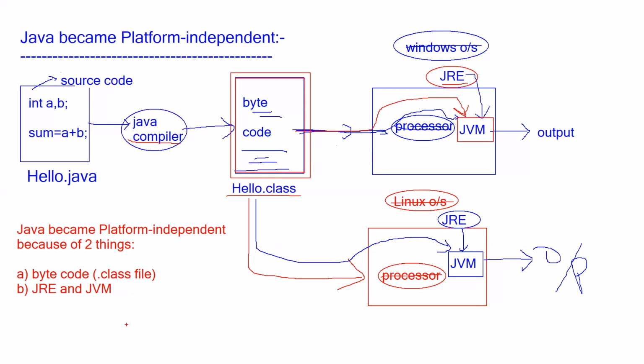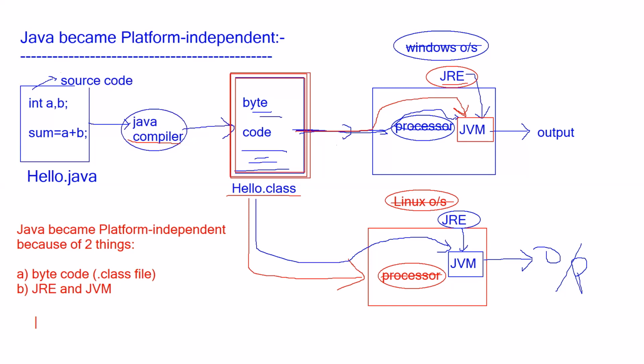So this .class file can be taken onto any machine and executed there with the help of JRE and JVM, without directly depending upon that machine's operating system and processor. So this is how Java programs can run anywhere.